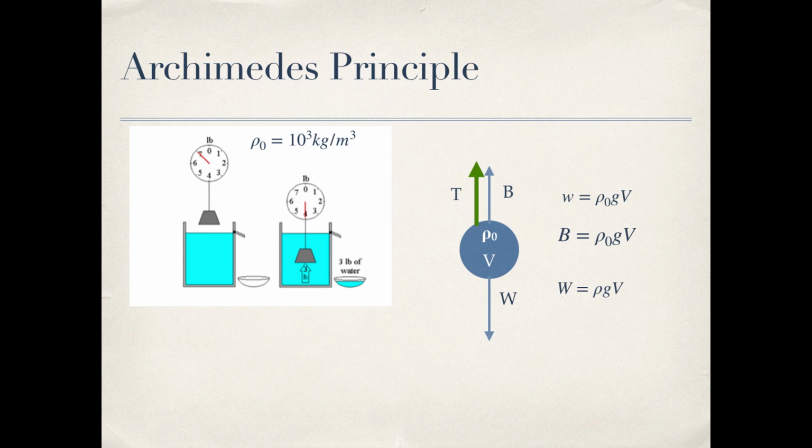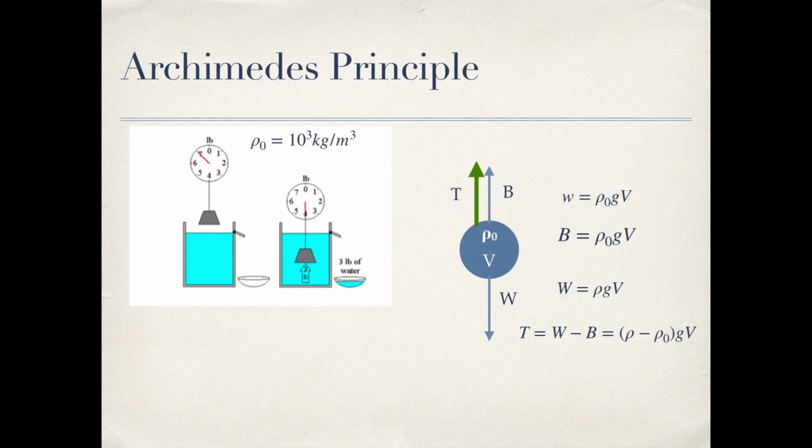All right? And then of course... I completely did it wrong, right? Rho 0 is the density of the material, so rho is the density of water. No, this is correct. This is incorrect.